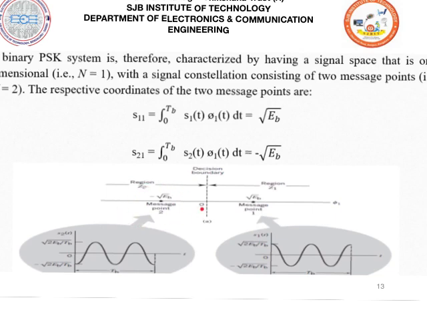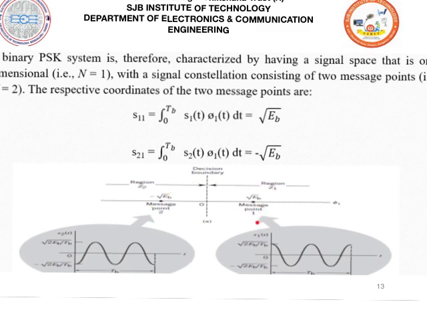So there are two regions, Z1 and Z2, in the decision boundary.